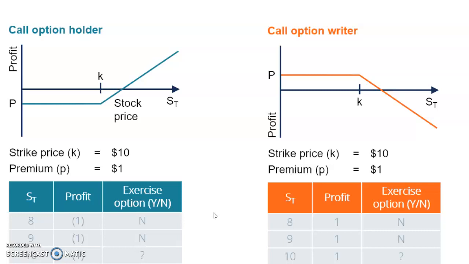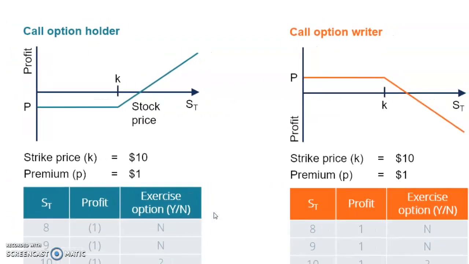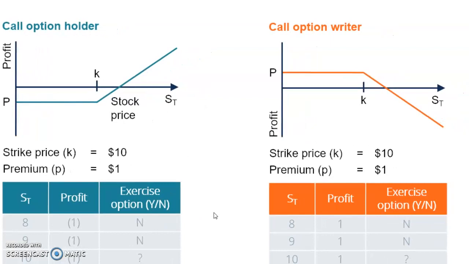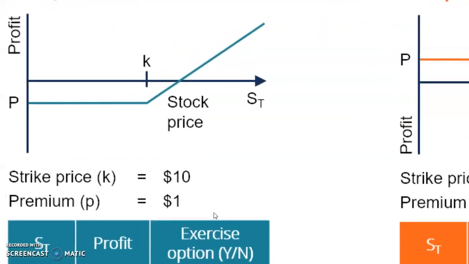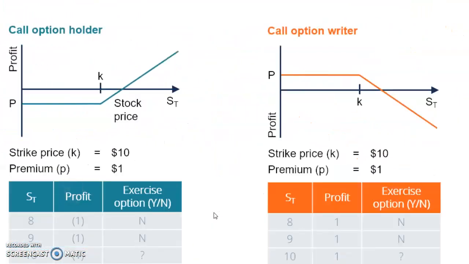Now coming back to the example, say our strike price of the option is $10 and the premium is $1, and we are the buyer of the option here. The underlying price is currently at $10. We are expecting the stock price will move up beyond $10. For that we have paid the premium of $1.